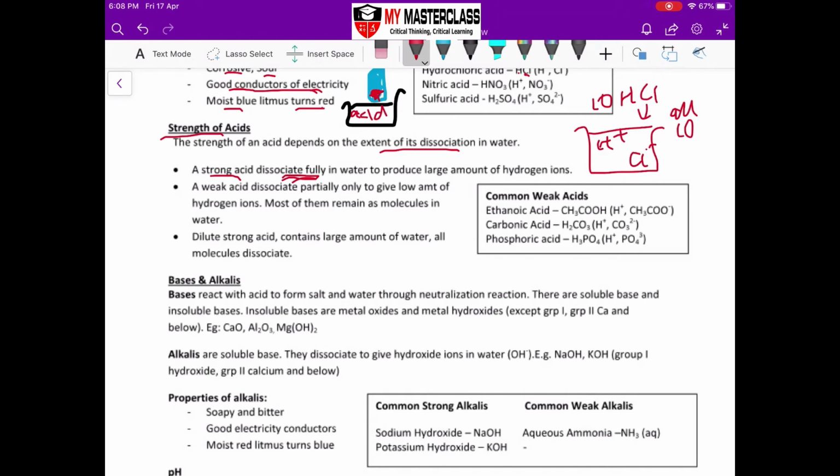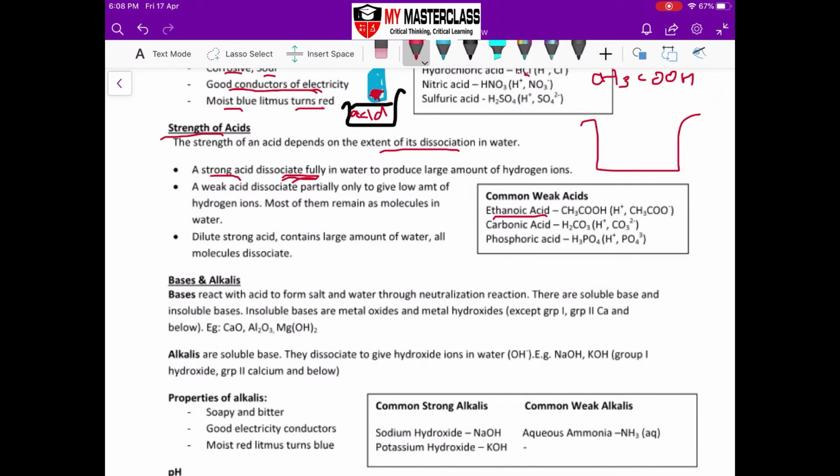Weak acid dissociate partially to give low hydrogen ions. Okay, so in the same example, I have a beaker of water, and now I have a weak acid over here, CH3COOH. This is a very, very common example of the weak acid. It's called ethanoic acid.